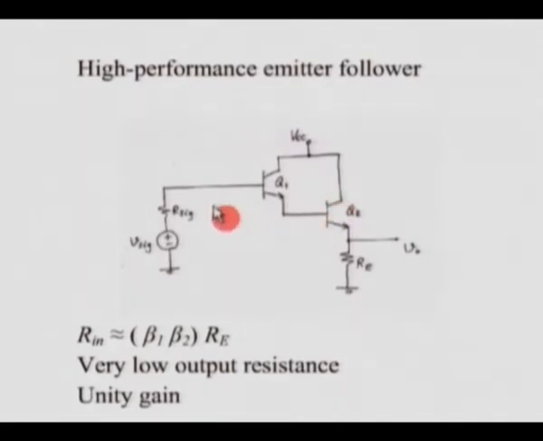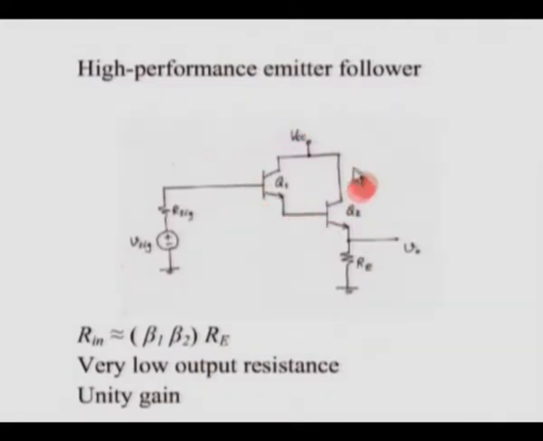With the result, the input resistance seen by the source, if we have the same device, would be beta square times Re, or beta 1 times beta 2 times Re. So, this can be extremely high. If you take Re to be, let us say, 1 kilo, then we are talking about getting an input resistance of beta square times 1 kilo, which is 10 to the power 4 times 1k, very high. Now, by changing Re, we can get much higher values.